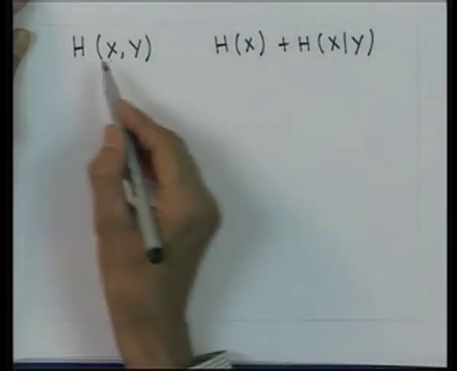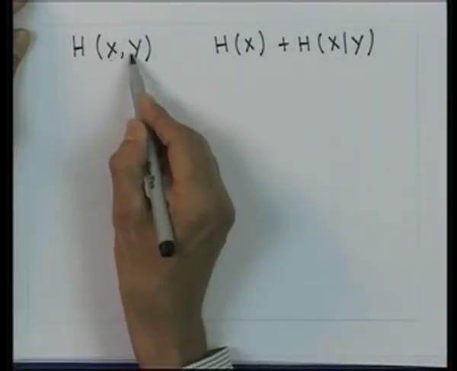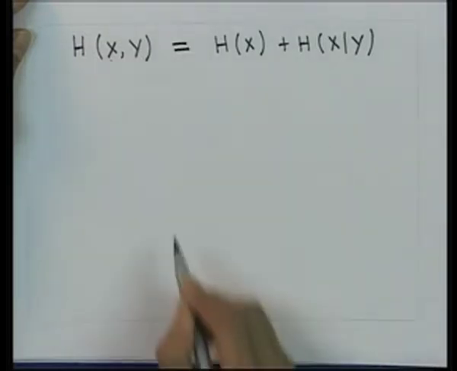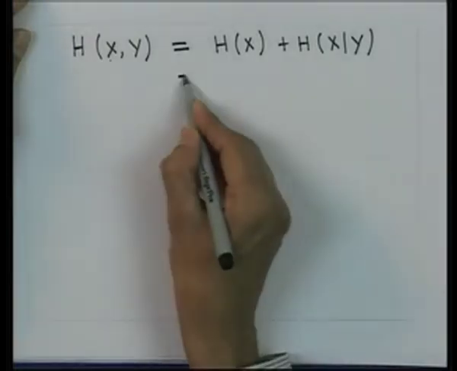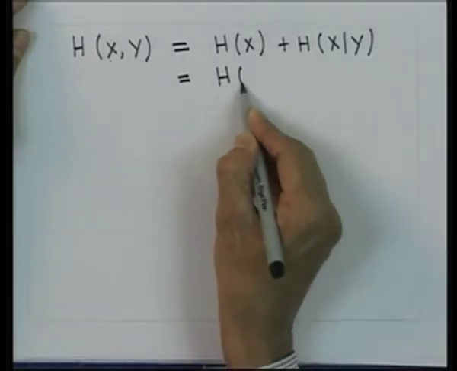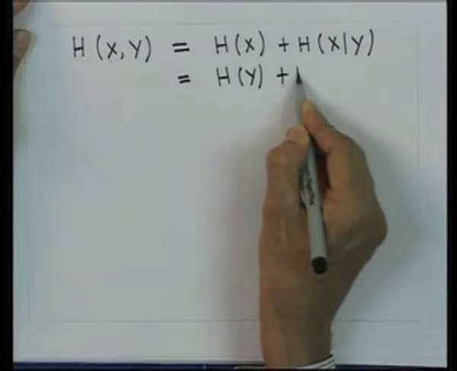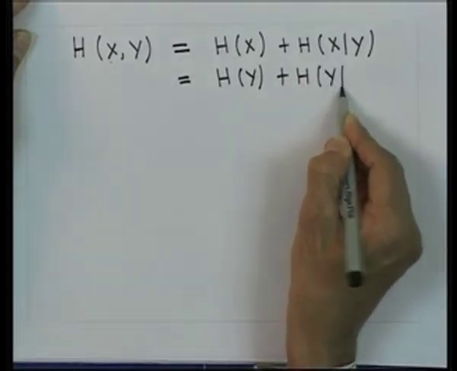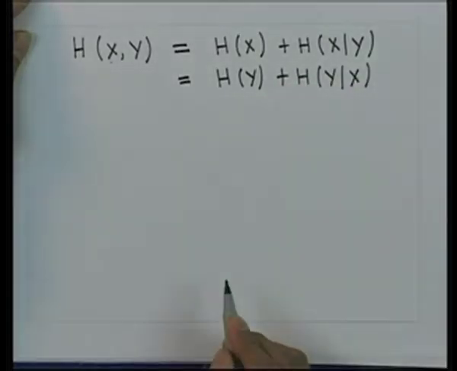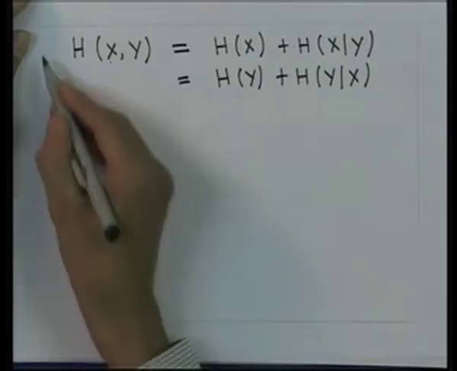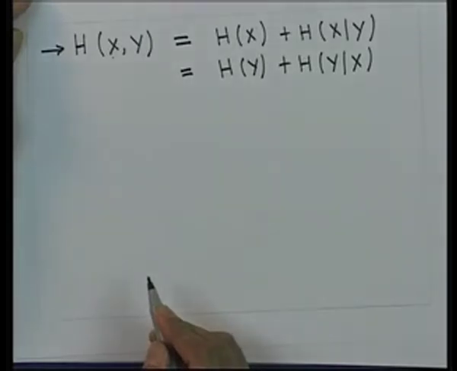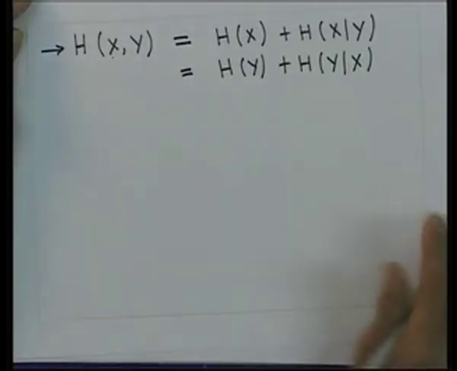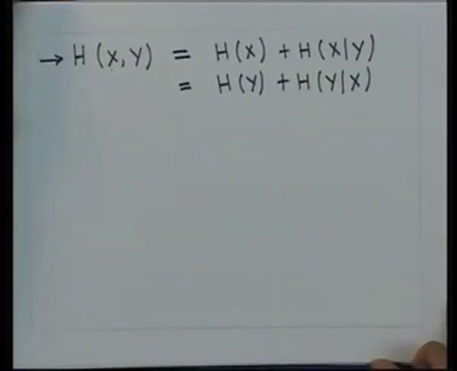Now, we will show very shortly that h of x y is nothing but equal to h x plus h of y given x, or I can also write this as h of y plus h of x given y. So, this is another important relationship which we will be using during the course of our lecture today.